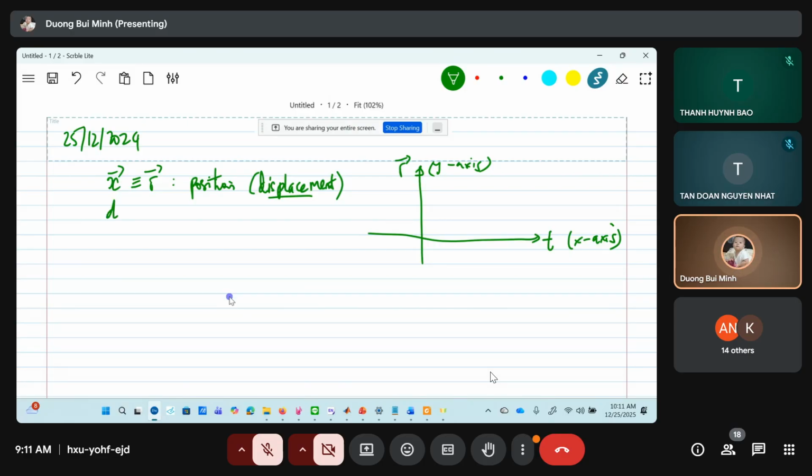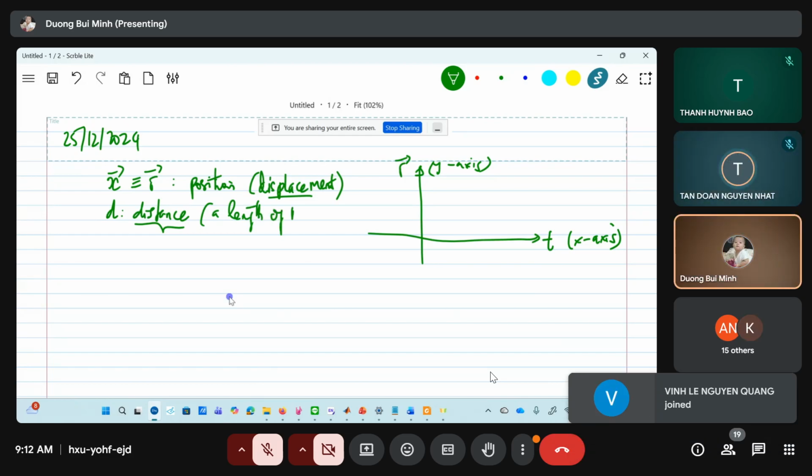Next we have d. This is distance. When we mention distance, we don't care about the starting point or destination point, because distance means the length of the path.